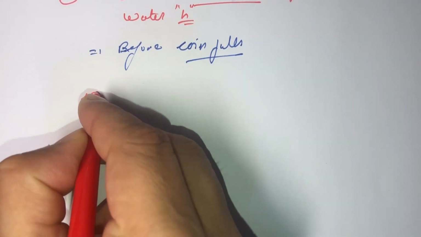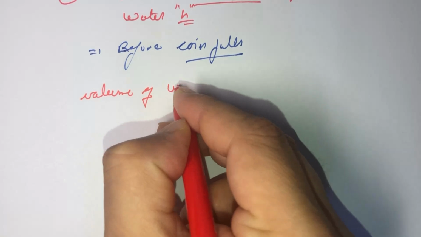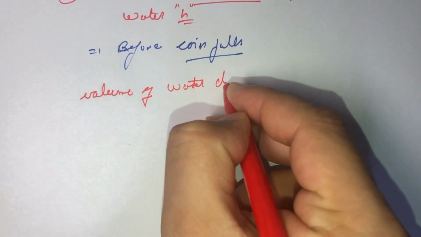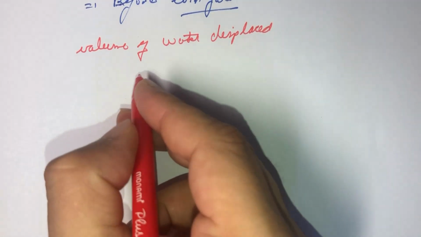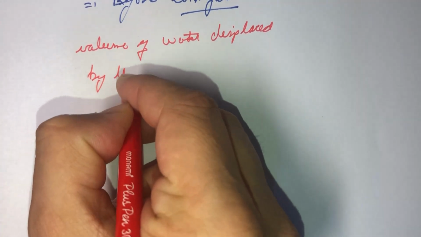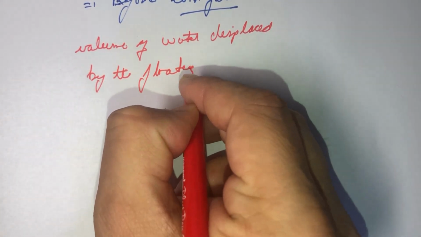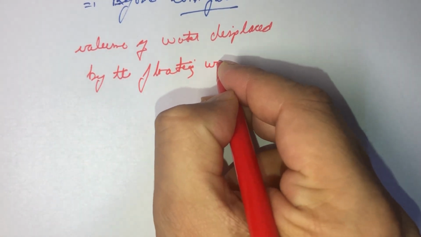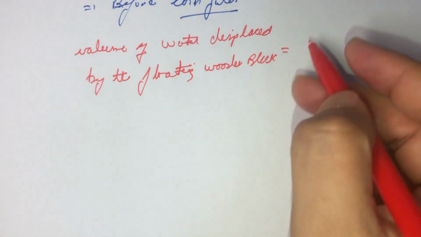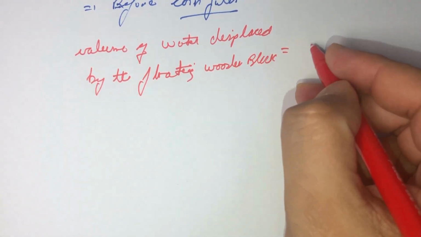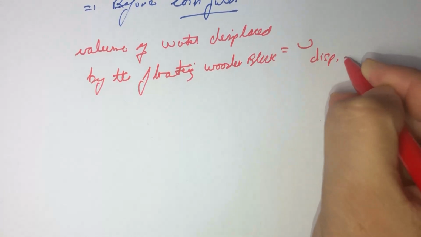Let us suppose the volume of water displaced is V displaced initial.